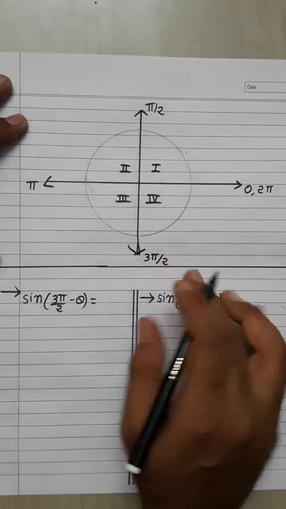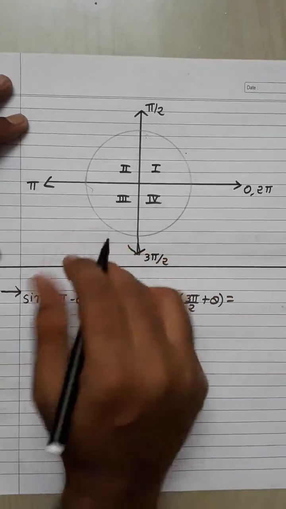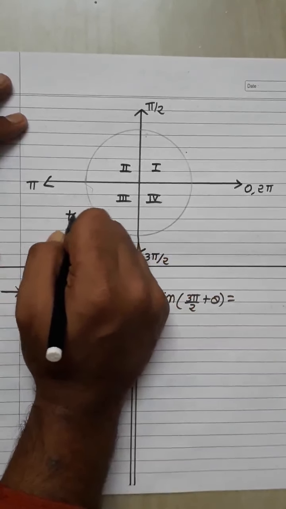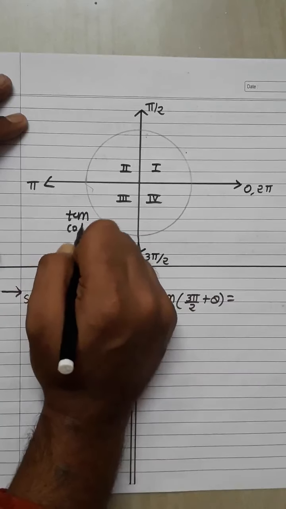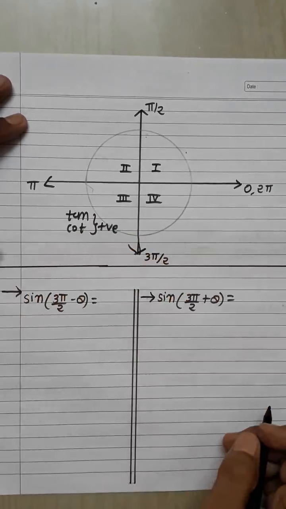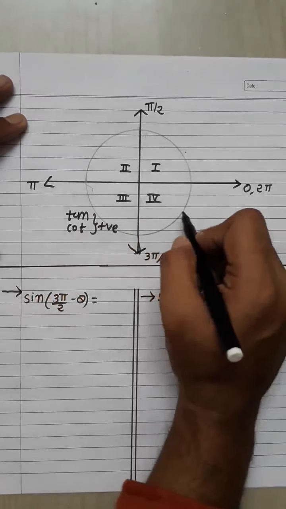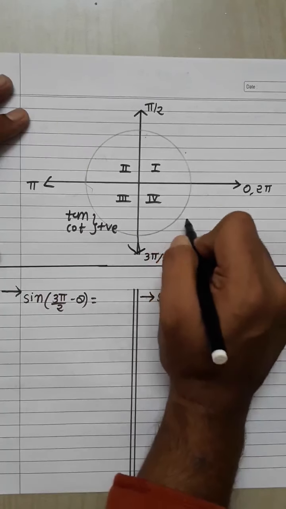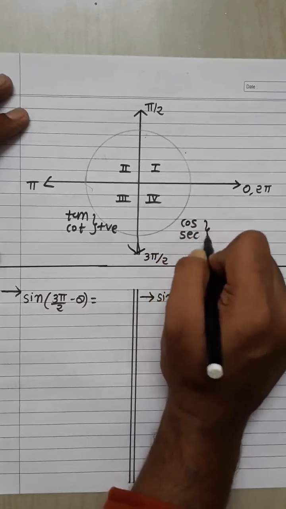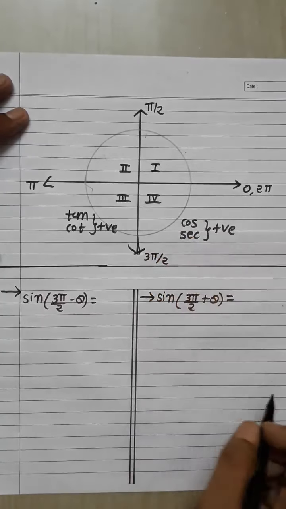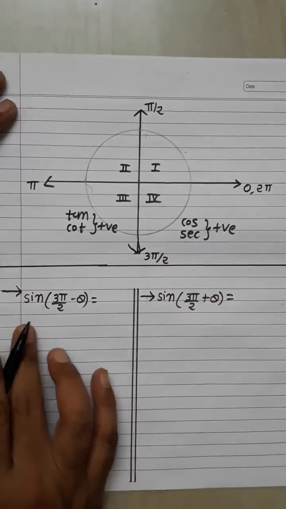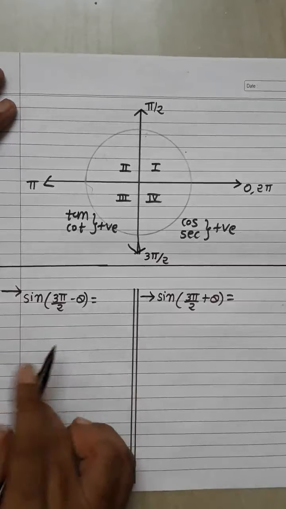Now in the third quadrant, tan and cot, only two functions are positive. In the fourth quadrant, cos and sec, only two functions are positive. Okay, now the position is okay.